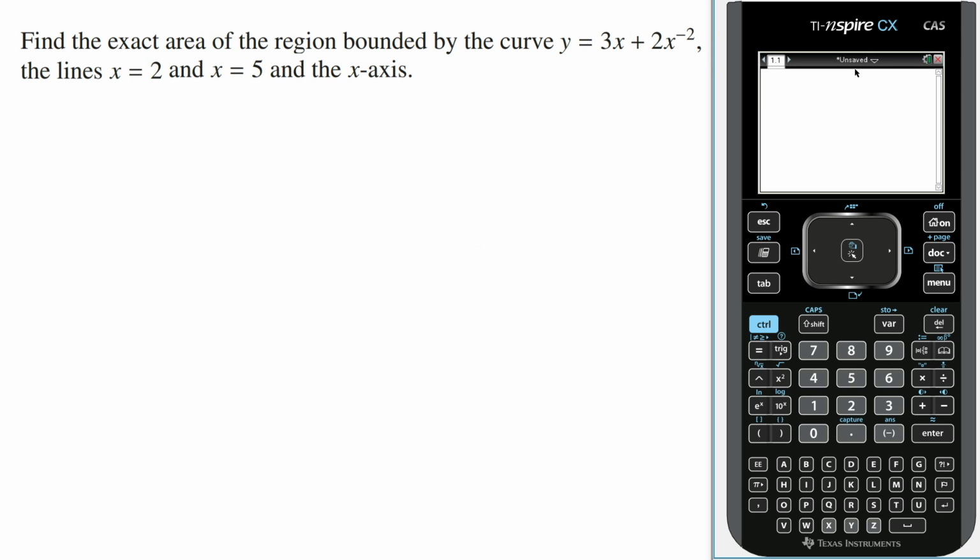Find the exact area of the region bounded by the curve y equals 3x plus 2x to the power of -2, the lines x equals 2 and x equals 5 and the x-axis. Again, for this question we haven't been given the graph of the function, and it's not a function we've been taught how to sketch. So let's start by using the calculator to graph this function to see what it looks like.